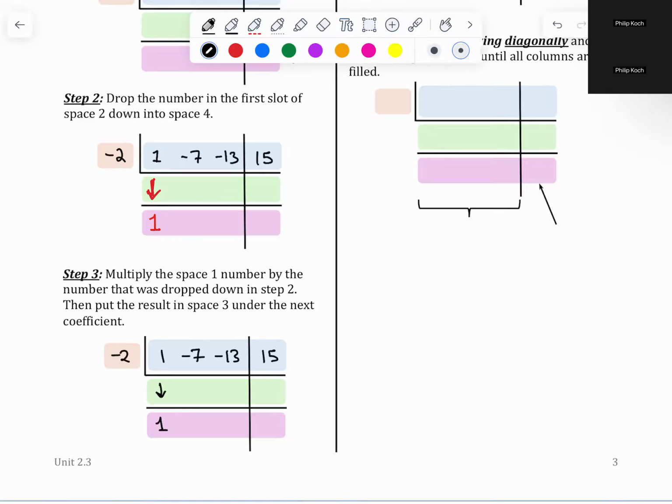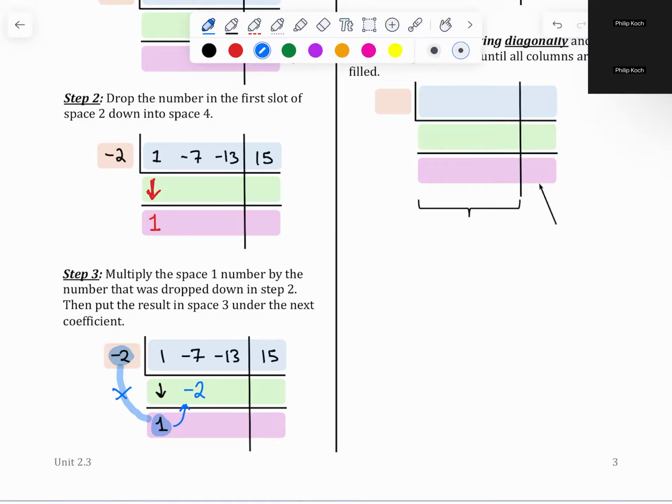Feel free to ask any questions about the process along the way. You're going to take this negative 2 and this 1, multiply them together, and get negative 2 here. And you're going to put it in the next column. Columns aren't really there, but like the next column.